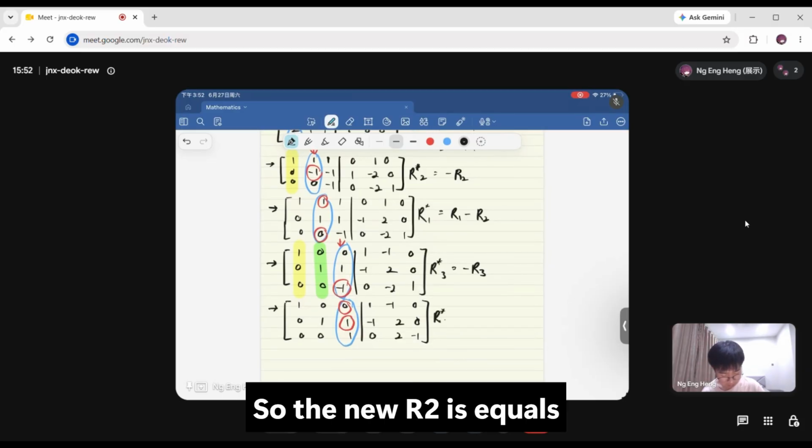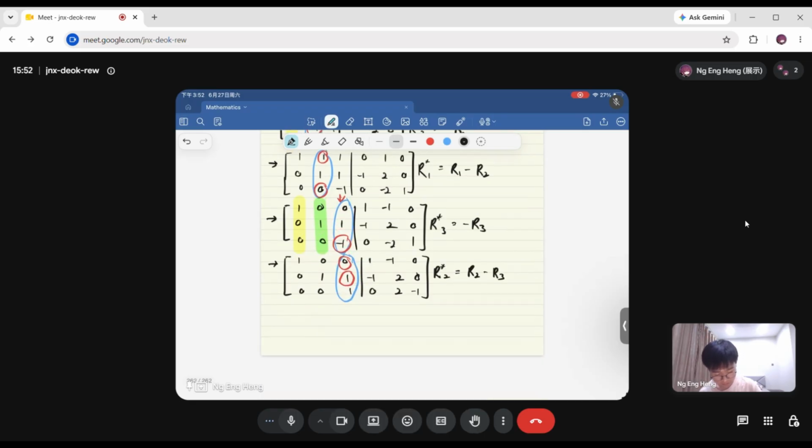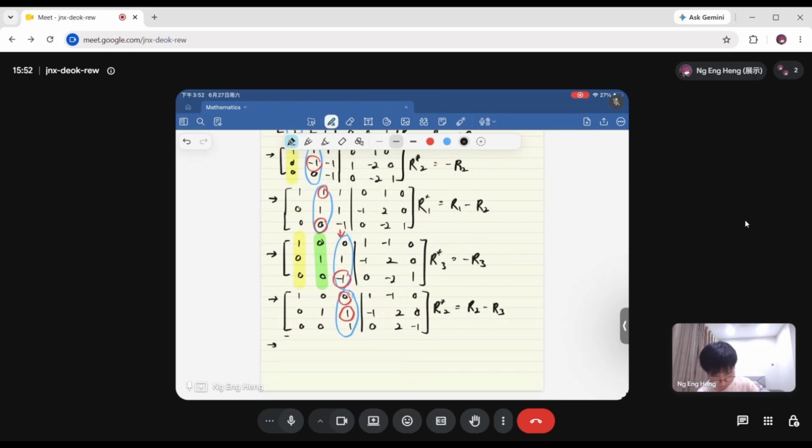So the new row 2 is equal to row 2 minus row 3. 1 minus 1, 0. 2 minus 2, 0. 1 minus negative 1, 1. Okay.